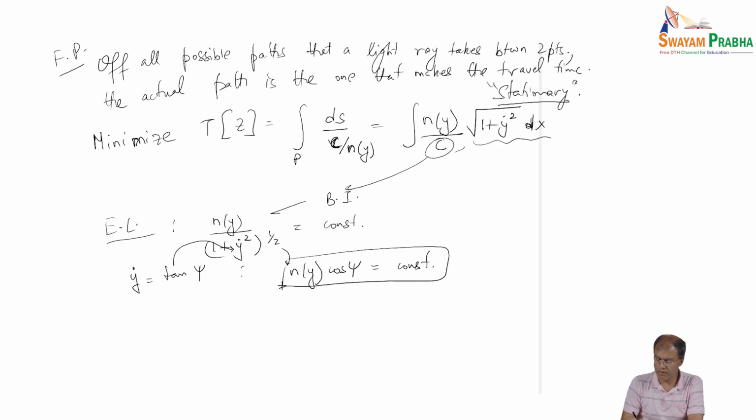Right? So n of y times cos psi is equal to a constant, and that is what we have in Snell's law. That is a very quick application of the calculus of variations, which gives us what we have already seen in class 12th or basic science for high school. That is Snell's law.